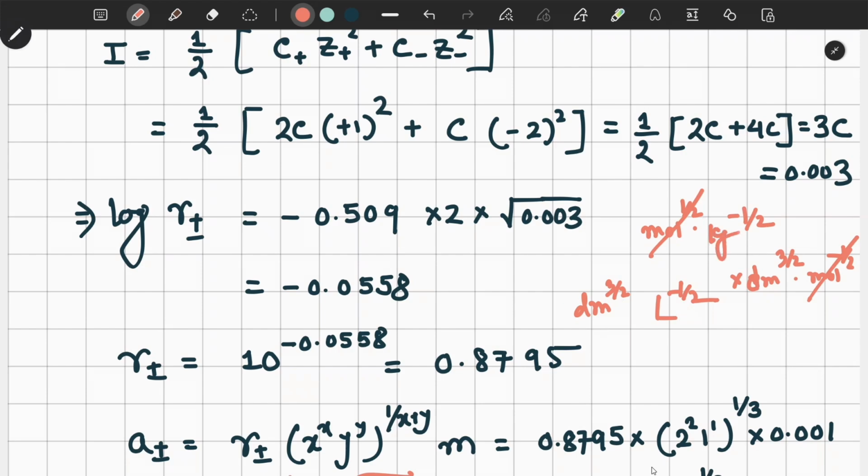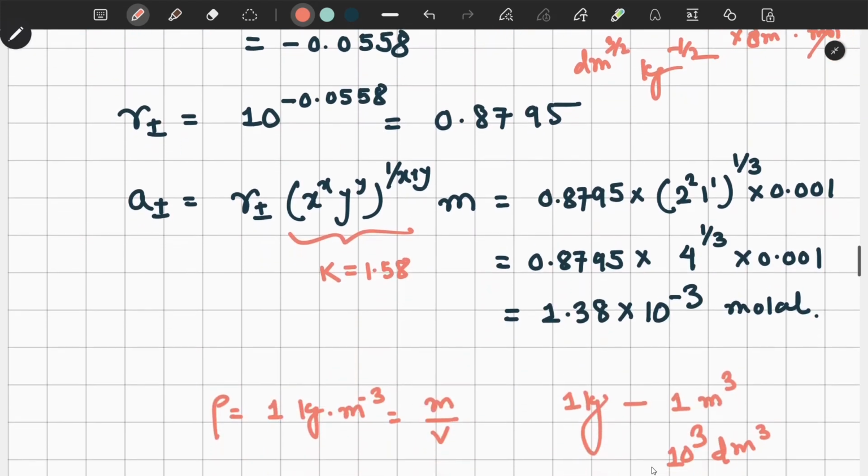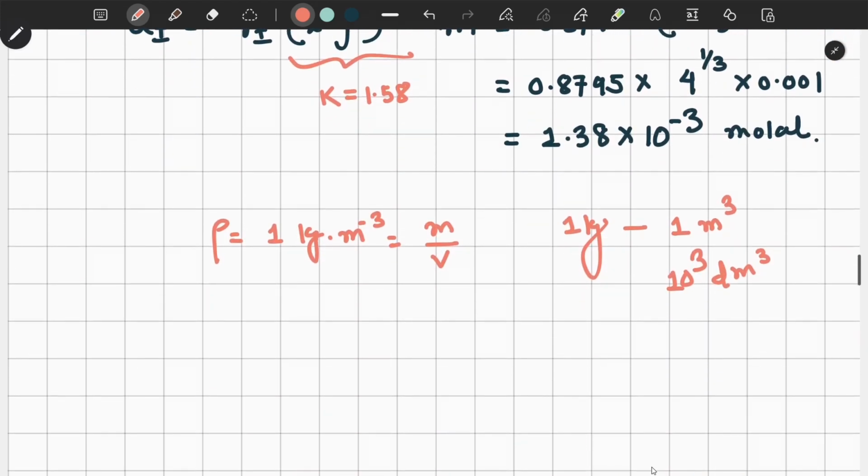Let's say it was kg to the power minus half, right? So 1 kg is 1 meter cube, and 1 meter cube means 1 liter. I think you are saying it wrong. It's 1 decimeter cube. Check it: 1 kg per 1 decimeter cube, not meter cube.